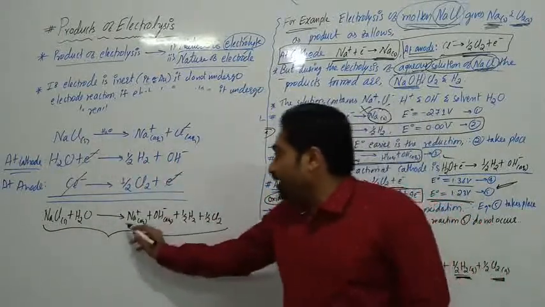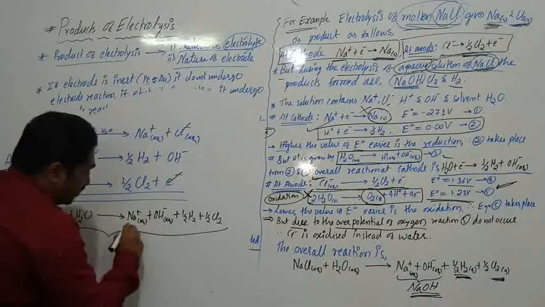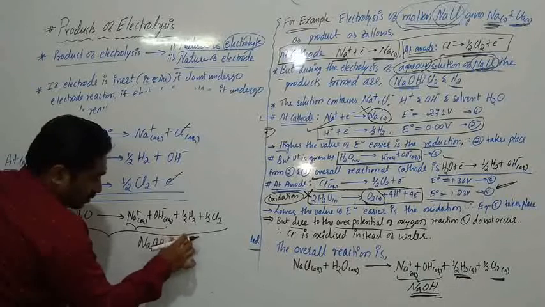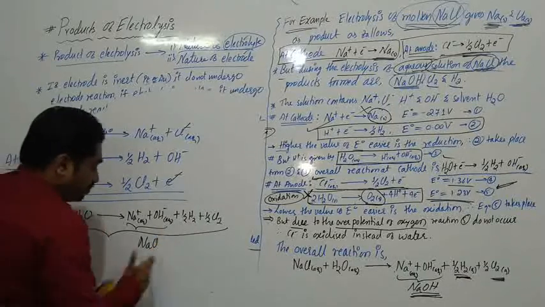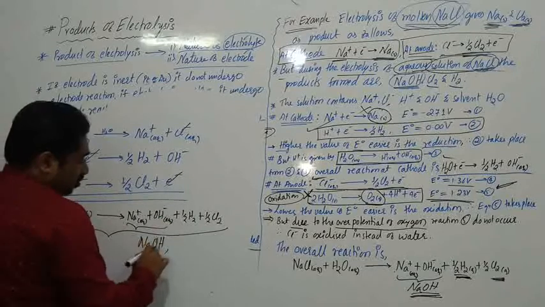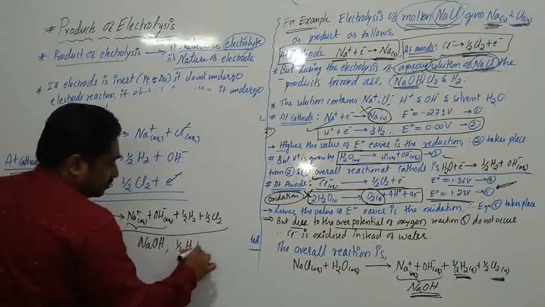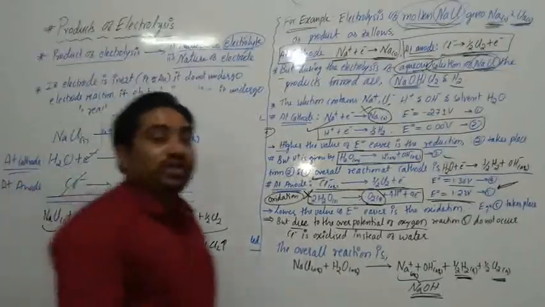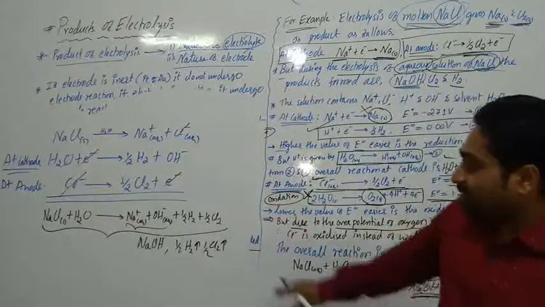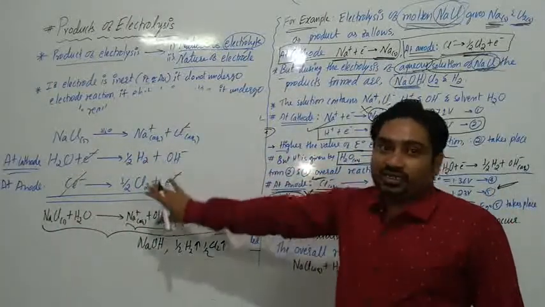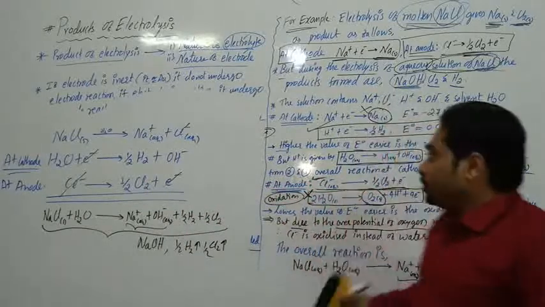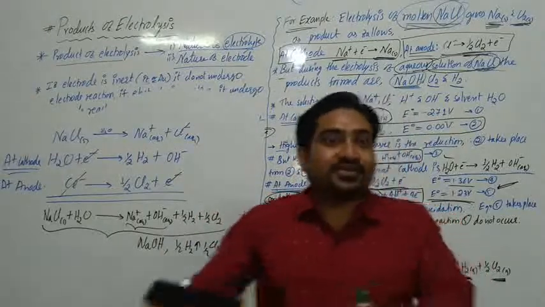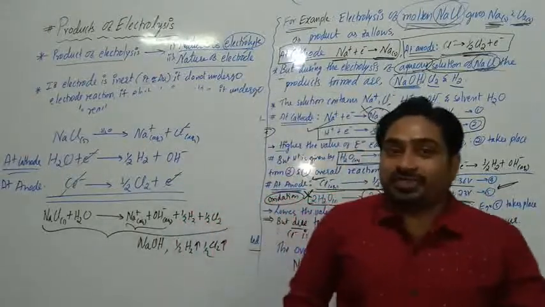For that we got sodium hydroxide, caustic soda, hydrogen gas and chlorine gas as the product. Okay, so this is the product of electrolysis. By taking different types of electrodes and different types of electrolytes, the product formed is also different.